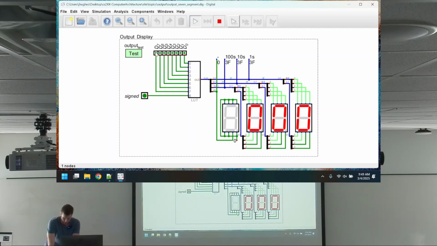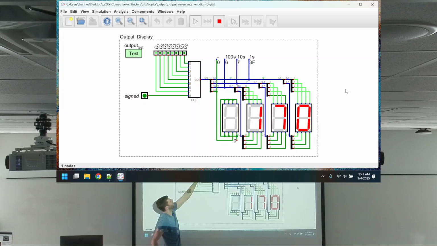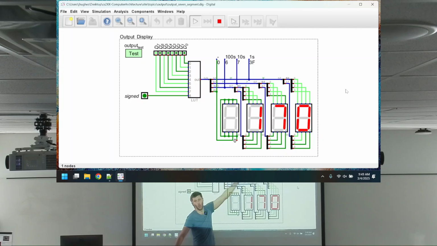Let's put in the number, whatever this number is. 170, right? That's 170. So when the input bit pattern is 10101010, we get that number. These are just probes for testing purposes. It checks these labels. We won't include them in the system.